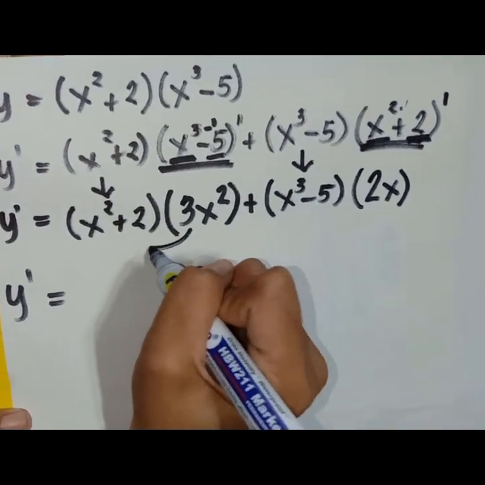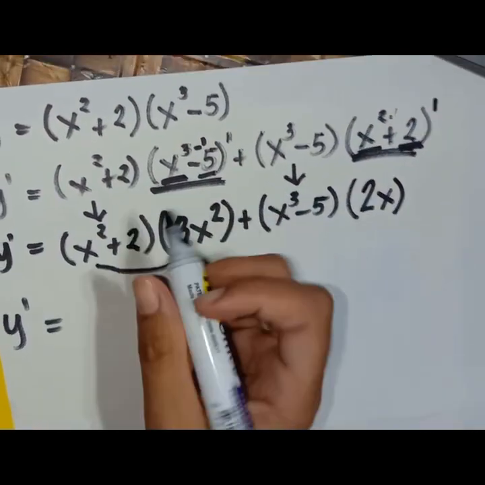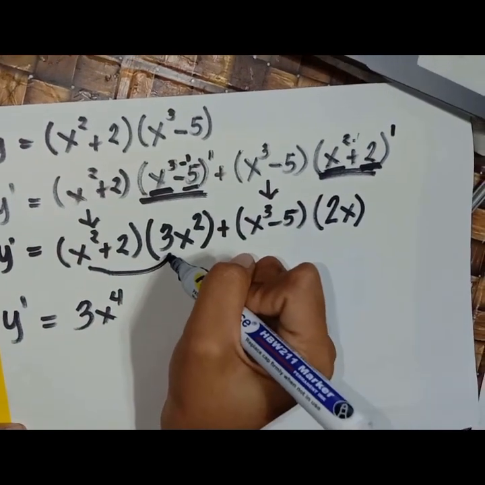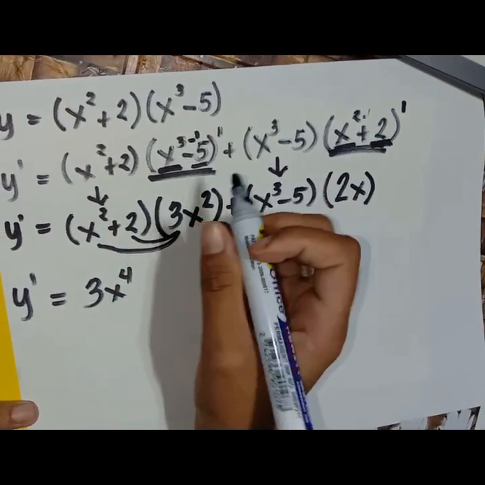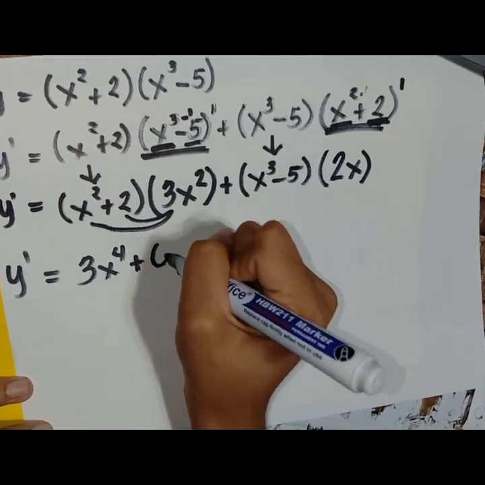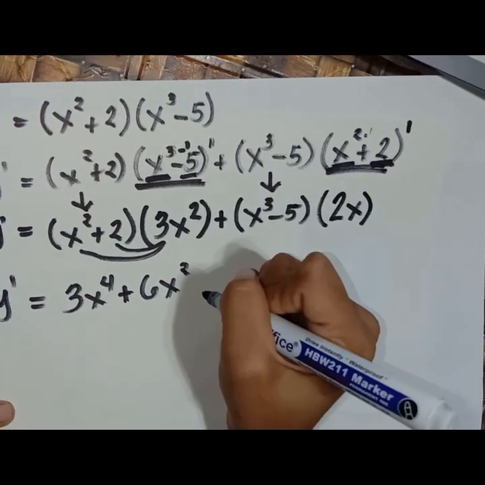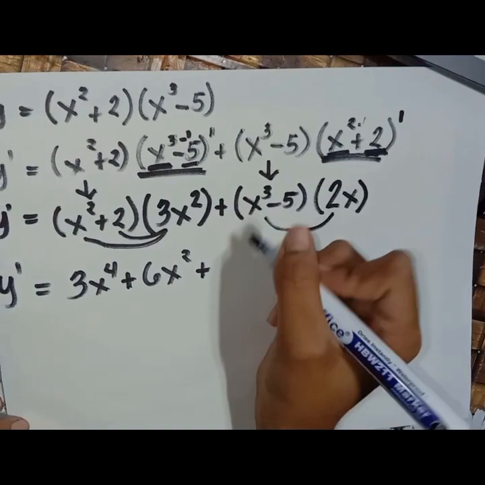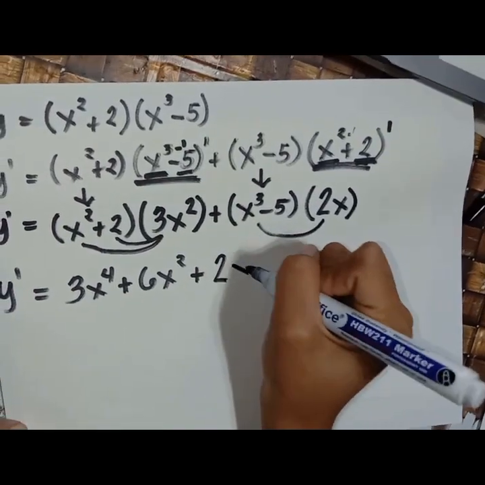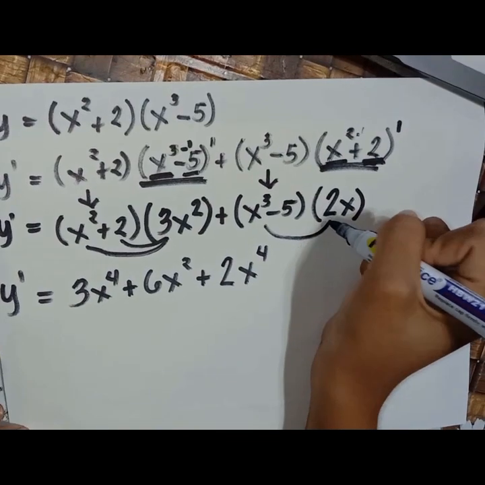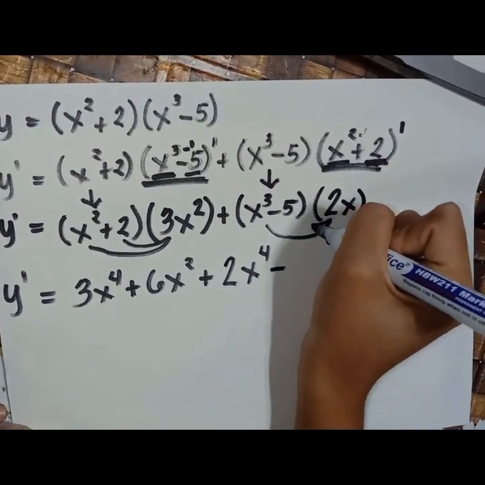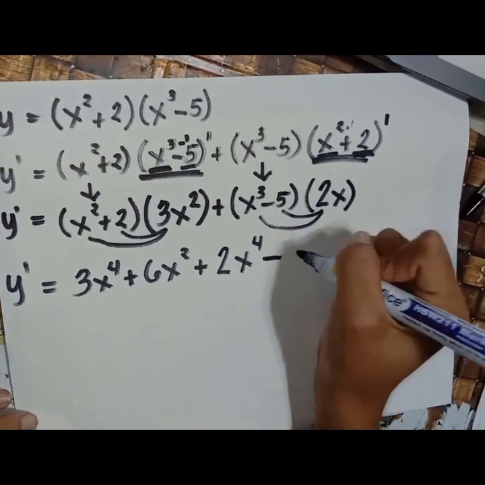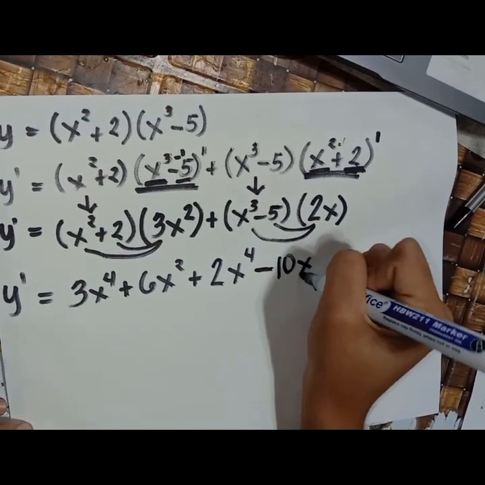So 3x squared times x squared is 3x to the fourth, plus 3x squared times 2 is 6x squared, plus 2x times x cubed is 2x to the fourth, less 2x times negative 5 is negative 10x.